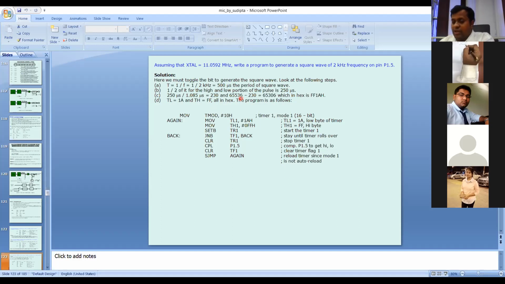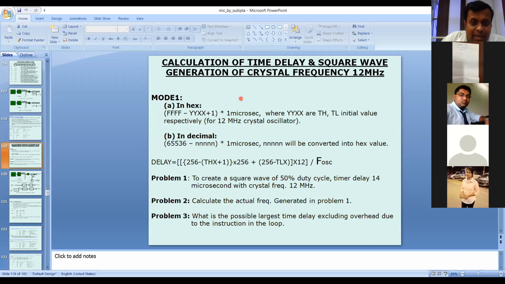If you convert to decimal, FFFF plus 1 is equal to 65536.